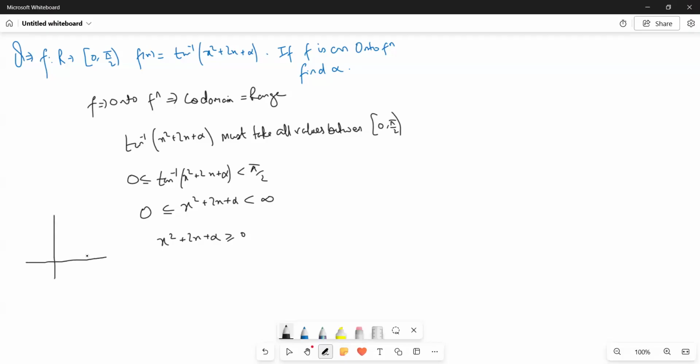X square plus 2x plus alpha will be an upward opening parabola, and it should be an upward opening parabola that touches the x-axis क्योंकि 0 का भी root चाहिए. So this must be the graph, and this would be the graph when D is equal to 0. So b square minus 4ac must be equal to 0, or alpha is equal to 1. For a function to be an onto function, alpha must be equal to 1.